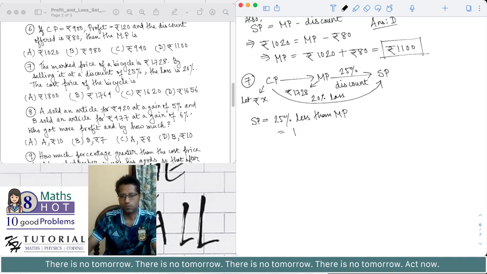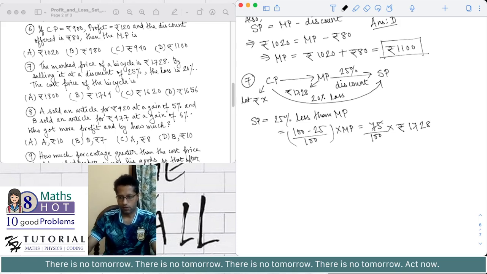This is equal to 100 minus 25 divided by 100 multiplied by mark price. This is equal to 75 by 100 multiplied by rupees 1728.